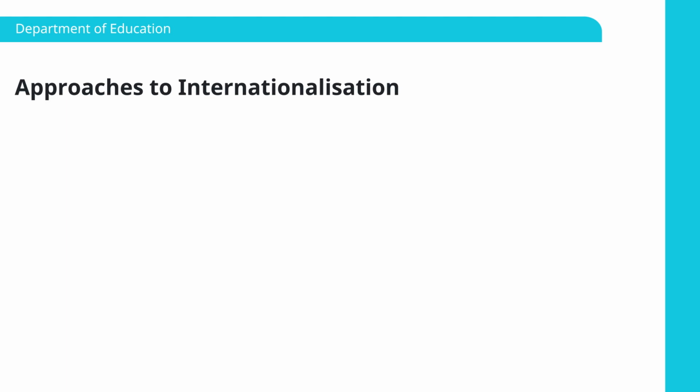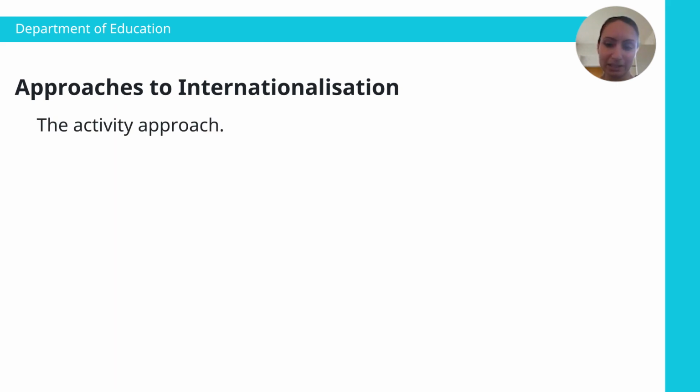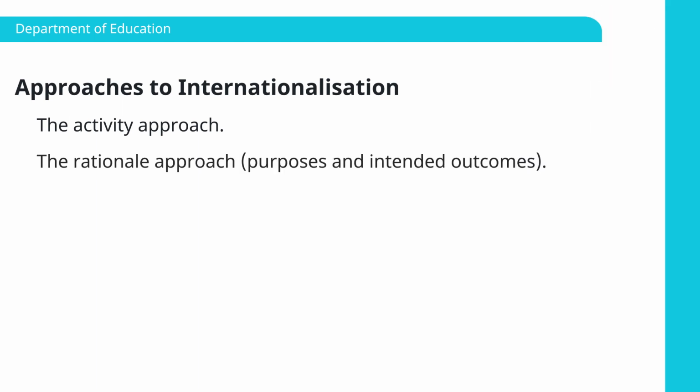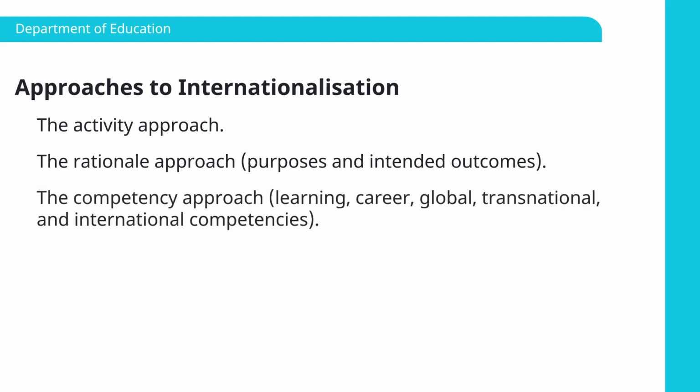And there's various approaches to internationalisation that have been taken. DeWitt has summarised them into 4 main approaches. So approaching internationalisation through activities, so an activity approach. So that might be extracurricular or within the curriculum. The rationale approach, so thinking about what the purposes and intended outcomes of internationalisation should be. A competency approach, so thinking about the kinds of knowledge and skills that need to be learnt for a global transnational future.